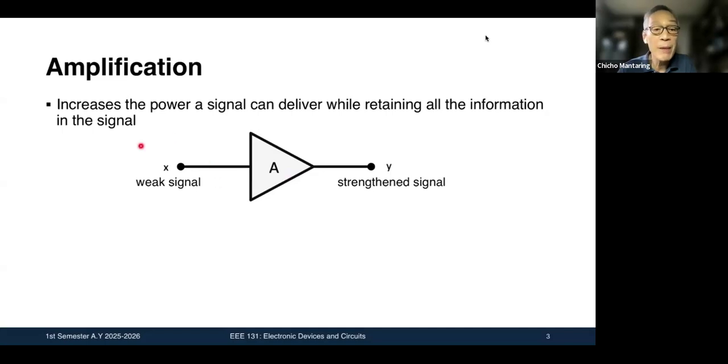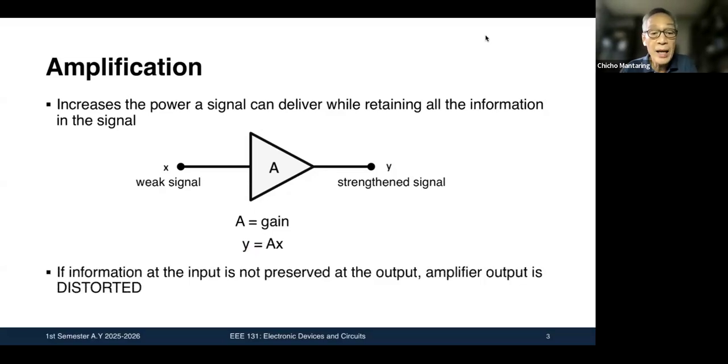So your premise is that you have a weak signal at the input and you want to strengthen the signal at the output. Let's say X is your input, Y is your output. Your output is equal to A times X, Y = A X, where we call A the gain. A is the gain of your amplifier.